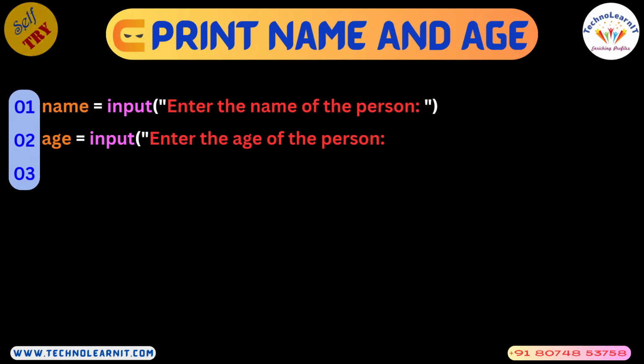So the order of statements is very important here. And of course, finally, you need to just print the name and age as it is, because by default, the print function uses a single space as a separator when the values are printed, right?